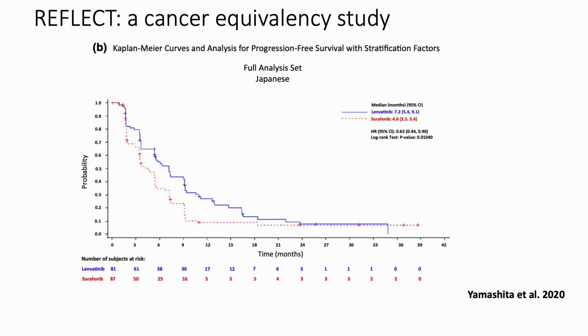So what it shows is that lenvatinib is offering a better condition for the survival of the patients, because there is a higher probability, especially after month one, for patients to survive.